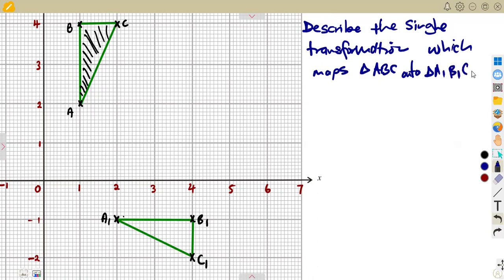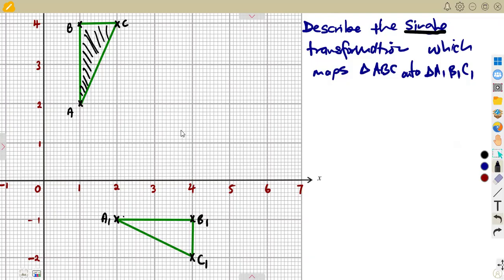This is exactly what the question will be like. A single transformation means there's just one. It can be a reflection, it can be a translation, it can be a rotation.